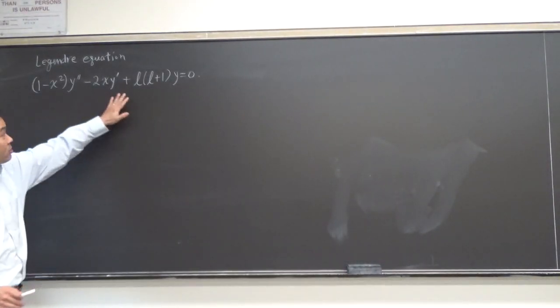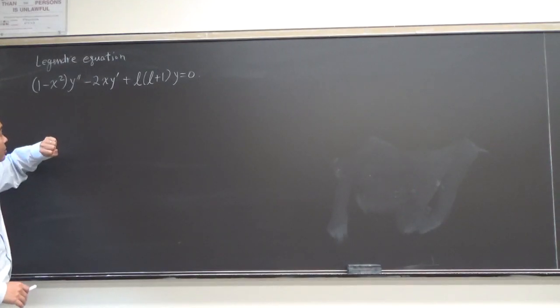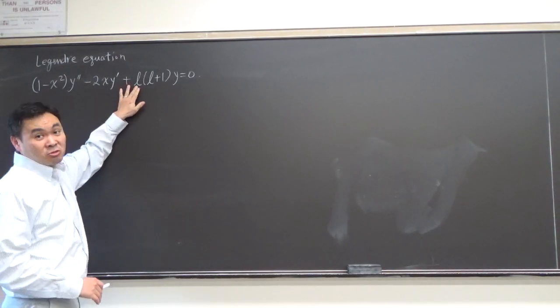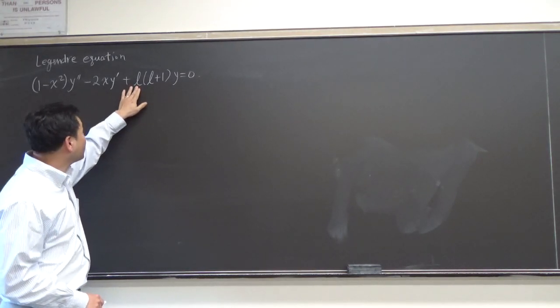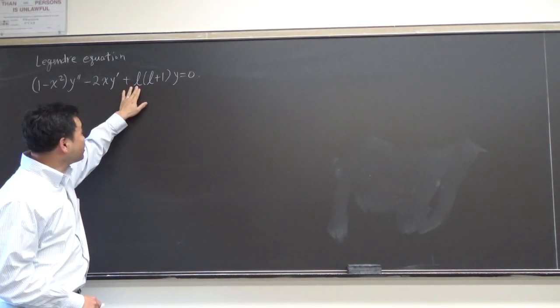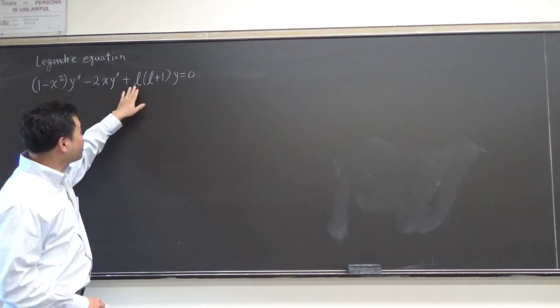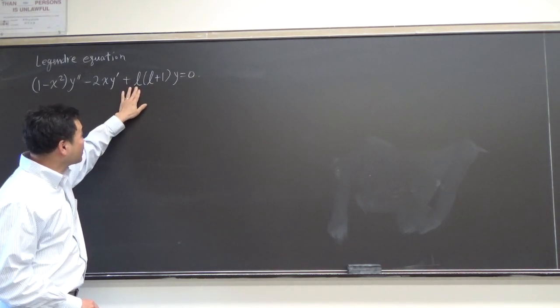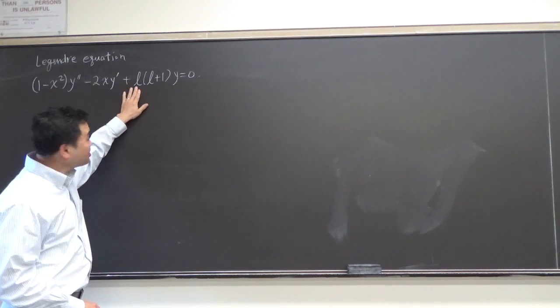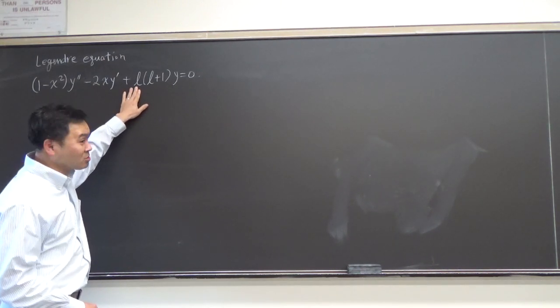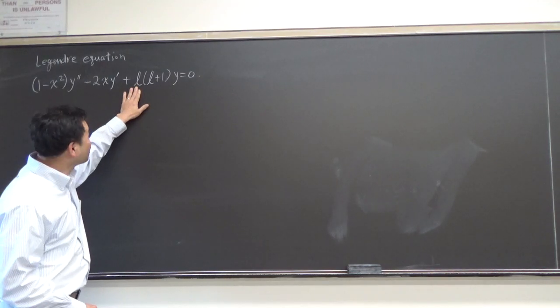This is called the Legendre equation. And L is supposed to be a positive integer, or it can be 0. Since trying to solve this in generality is a bit hard, let's just choose a simple number and try to solve for that.